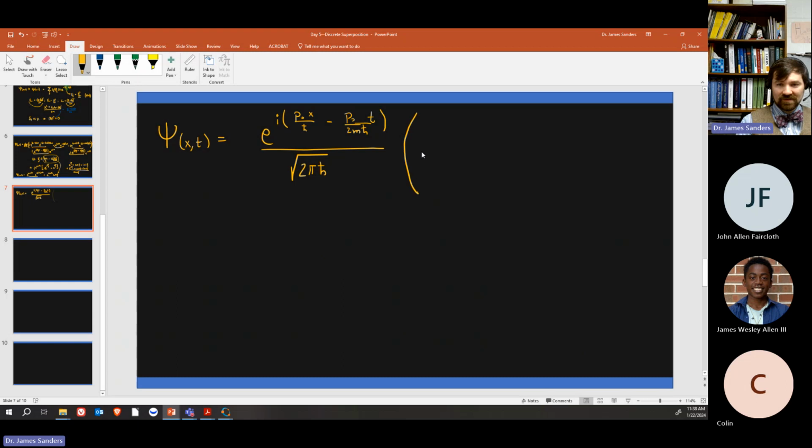And then what's left inside is 1 plus cosine of our dummy variable, which, remembering what our dummy variable was, is dp over h bar. And we could basically divide that out from the x term and the p naught over m t term.